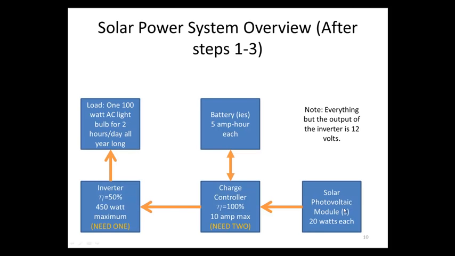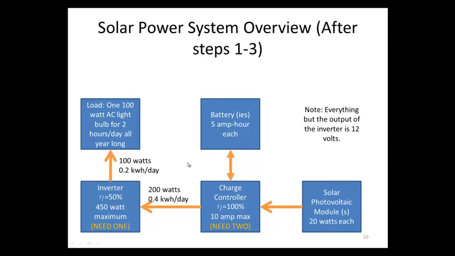Okay, so let's review a little bit what we've done so far. We found that we need 1 inverter and 2 charge controllers. We also found that going to the load is 100 watts when it's on, and the energy needed is 0.2 kilowatt hours per day.